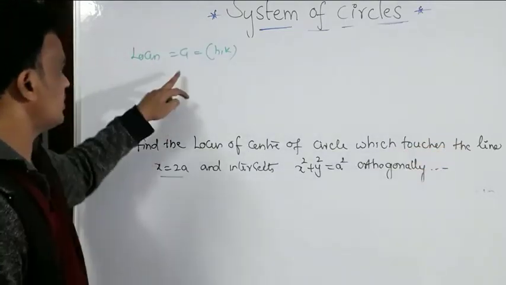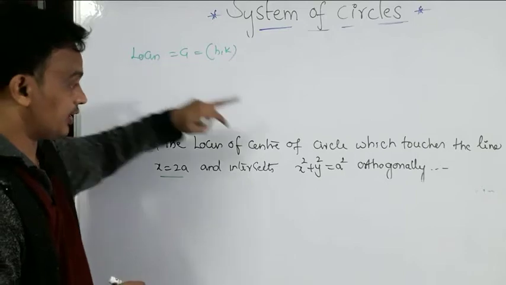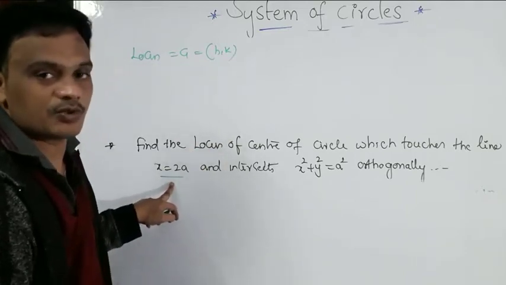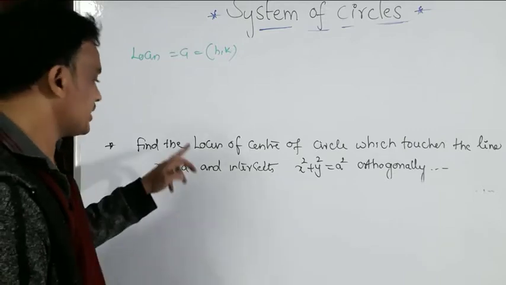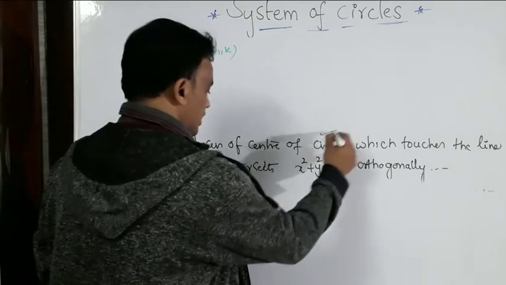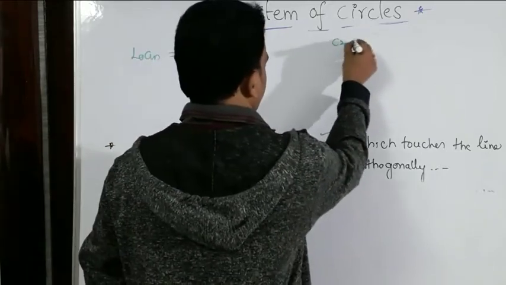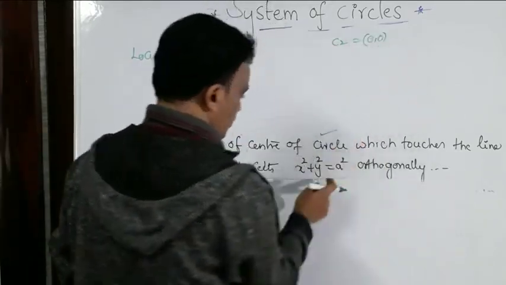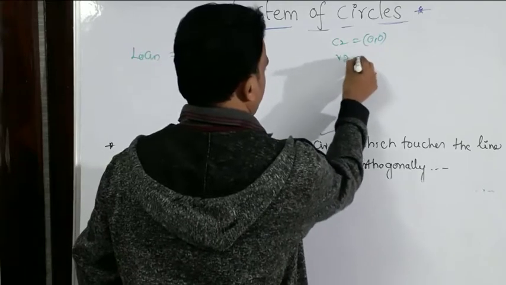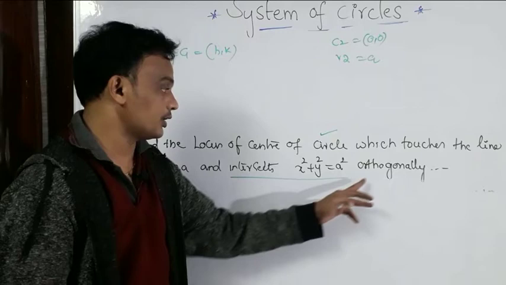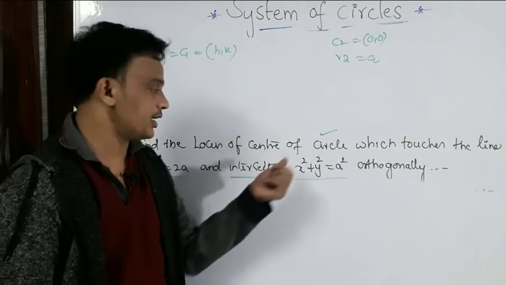What is the condition for this one? The first circle touches the line x is equals to 2a, that means directly it is a tangent. At the same time the required circle intersects the second circle. For that second circle C2, the center is (0, 0) and R2 is a, right or not? So how is it intersecting? Orthogonally. Understood the condition?